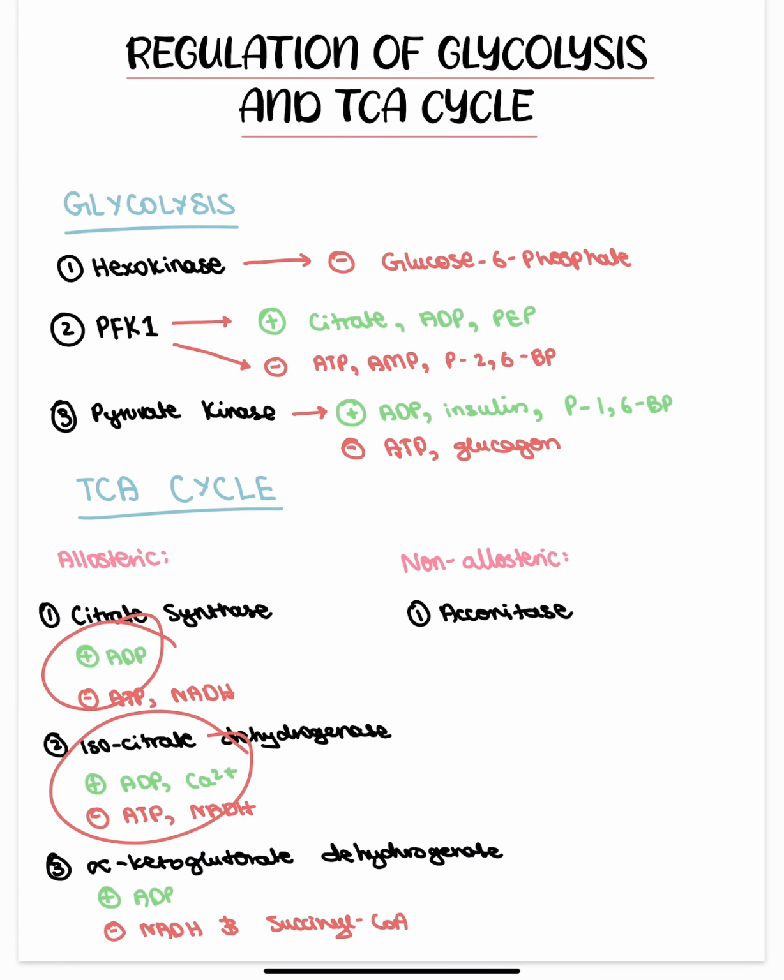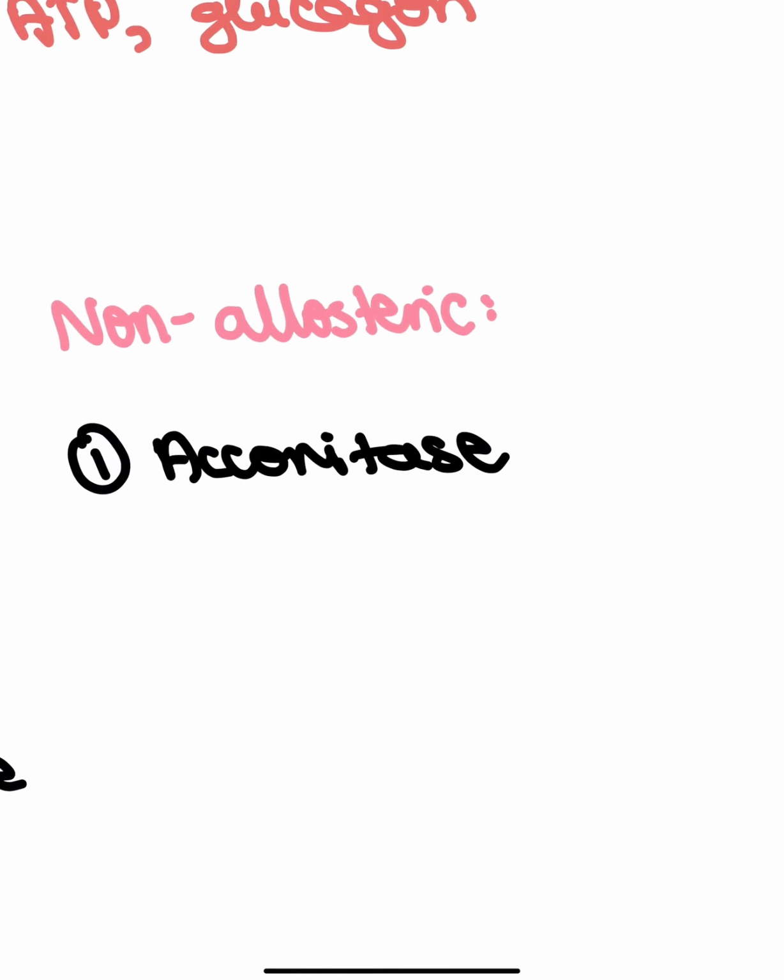So it only gets inhibited. Aconitase is inhibited by fluoroacetate. So fluoroacetate inhibits aconitase to continue on its action.